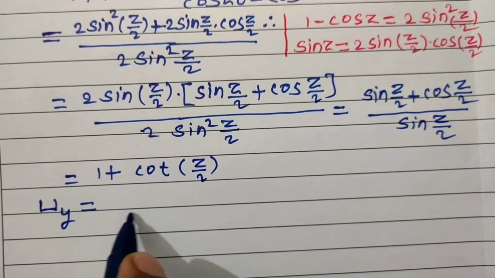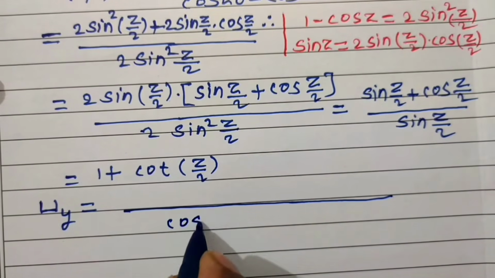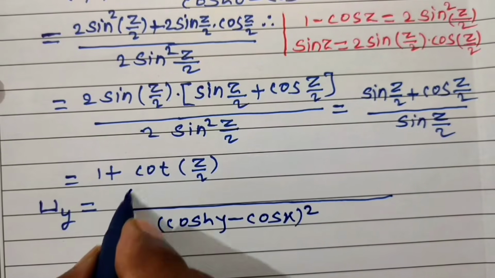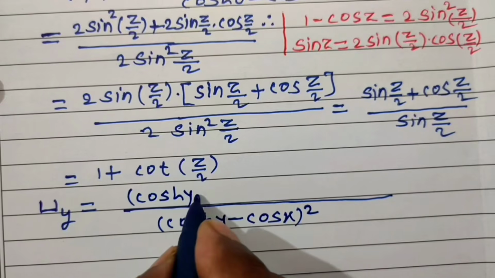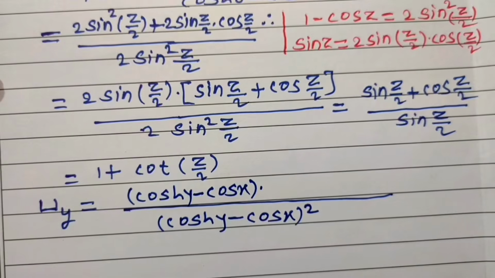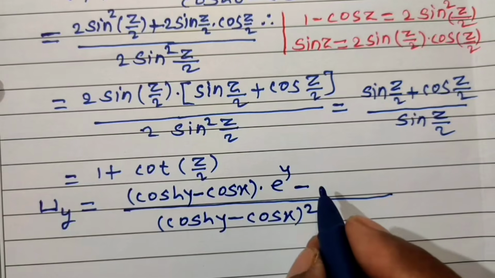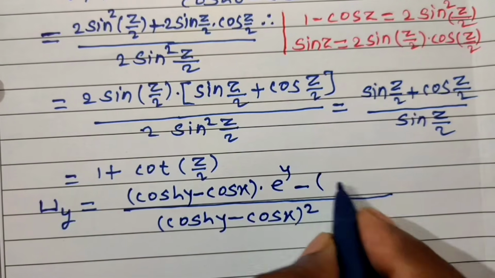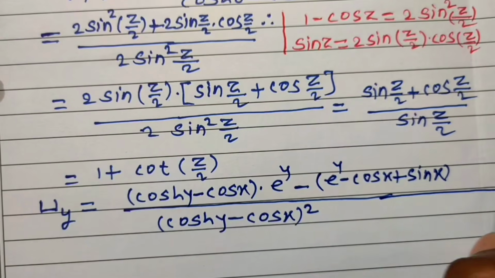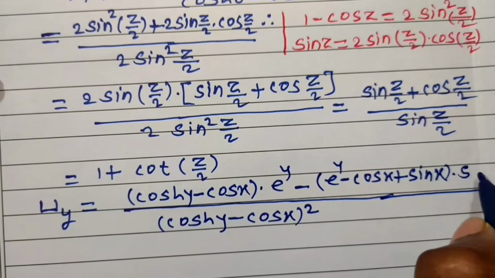The partial derivative of U with respect to y is given by the denominator square, hyperbolic cos y minus cos x whole square, of this; then the denominator as it is, hyperbolic cos y minus cos x, into the derivative of the numerator with respect to y, that is e to the power y only, minus the numerator as it is, e to the power y minus cos x plus sin x, into the derivative of the denominator with respect to y, that is hyperbolic sin y.